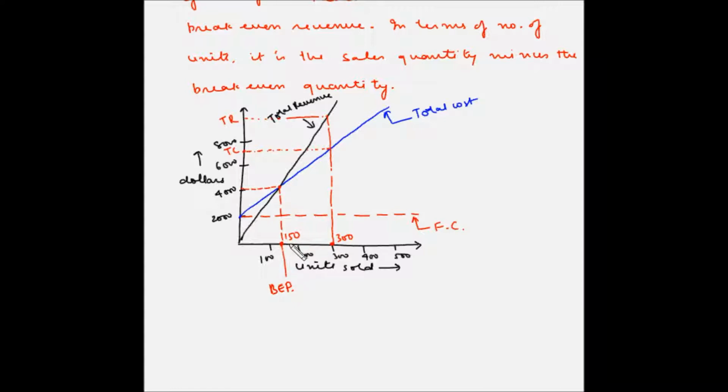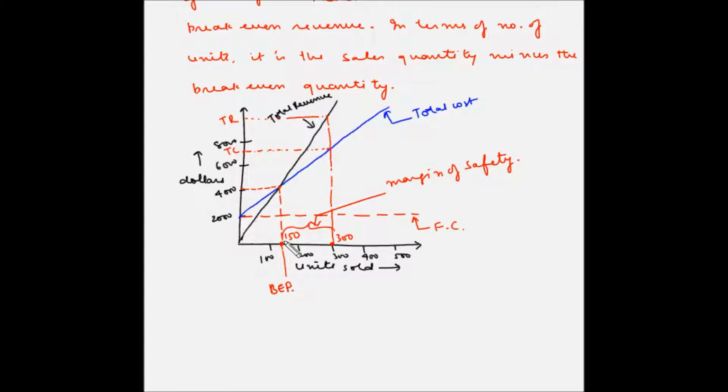So the difference between the two, that is this difference here, represents the margin of safety. That means that this company has a margin of 150 units before it slides down into this area, which is the area indicating loss.